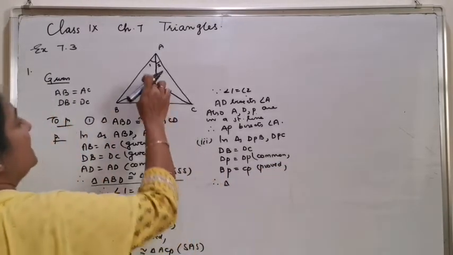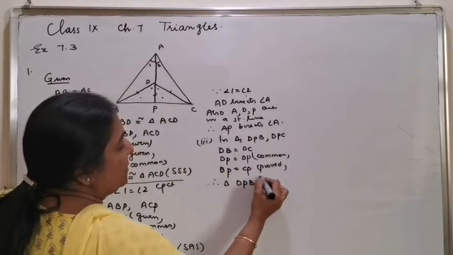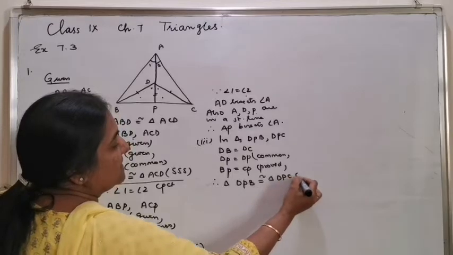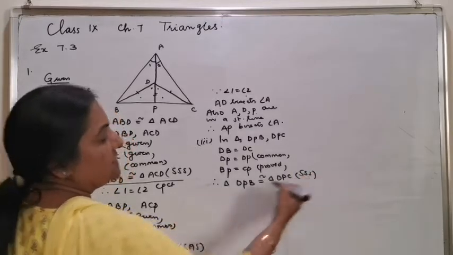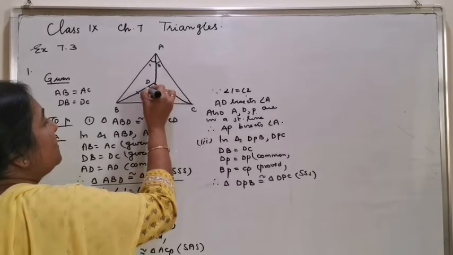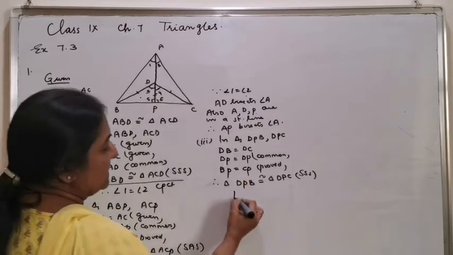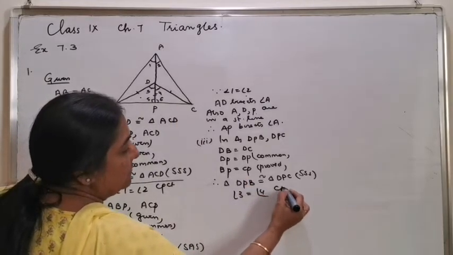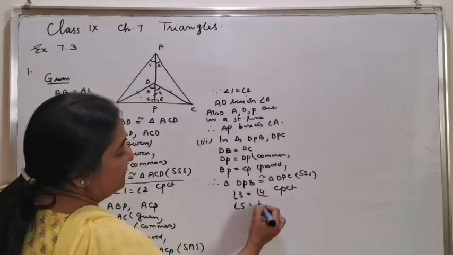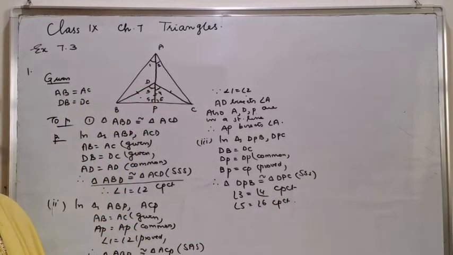Therefore, triangle DPB is congruent to triangle DPC by SSS. Again, angle 3 is equal to angle 4, and angle 5 is equal to angle 6. Angle 3 is equal to angle 4, CPCT. Angle 5 is equal to angle 6 also, CPCT. What is the meaning of angle 3 equal to angle 4?